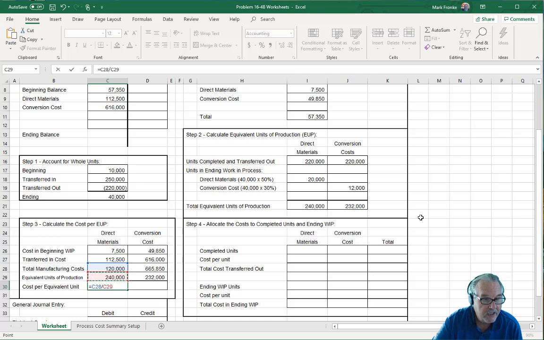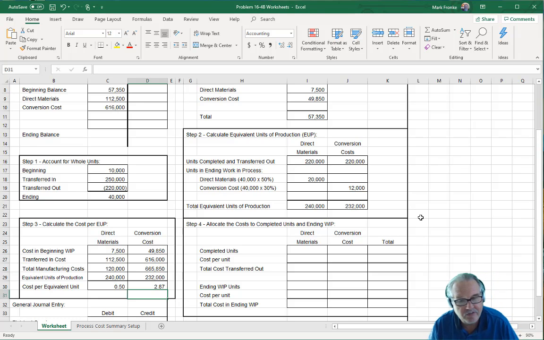In other words, if it cost me $120,000 in materials to make the equivalent of 240,000 units, that's 50 cents per unit. If it cost me $665,000 to make the equivalent of 232,000 units, that's $2.87 per unit. We need to calculate this so that we can apply it to the ones that got transferred out and the ones that are still sitting in work in process.